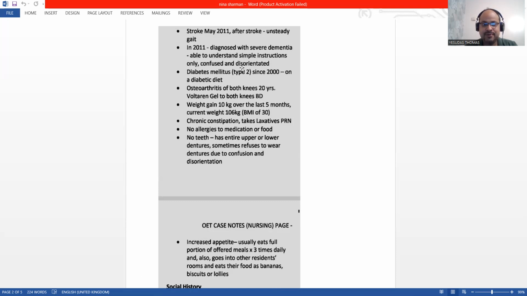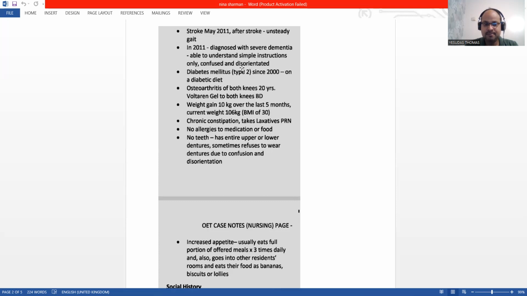But we need to include something else. We need to include the weight gain because that's related to the nutritional status. If you could, say the current weight too. And something very important is that she refuses to wear dentures due to confusion and disorientation.